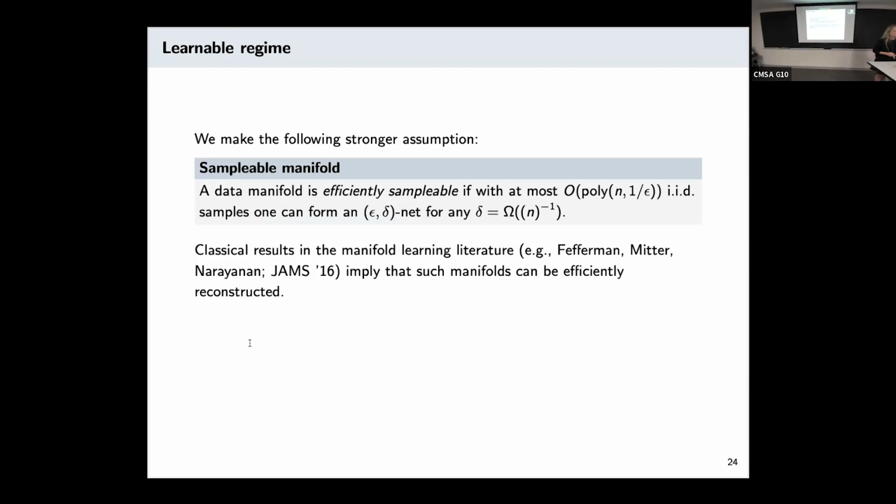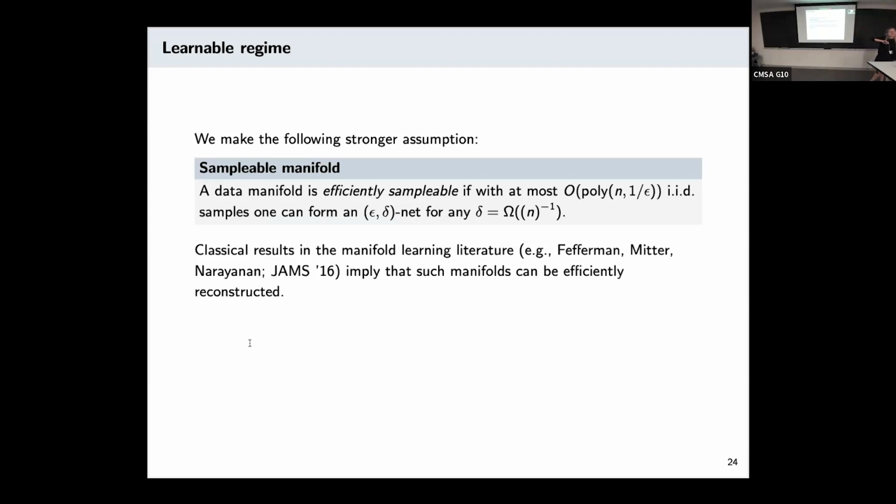Yes. Can I just ask, what's the role of delta in the epsilon delta net? You know what an epsilon net is? I think I know what an epsilon net is. So this has to do with the sample size, with the sampling procedure.